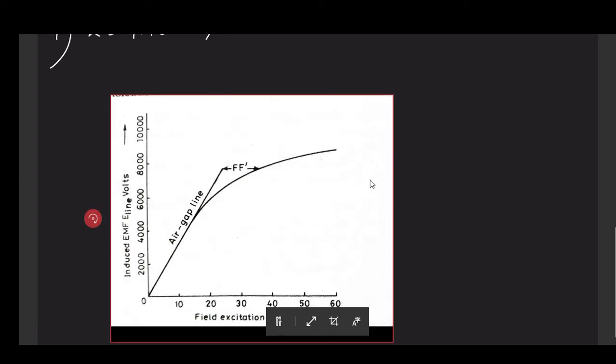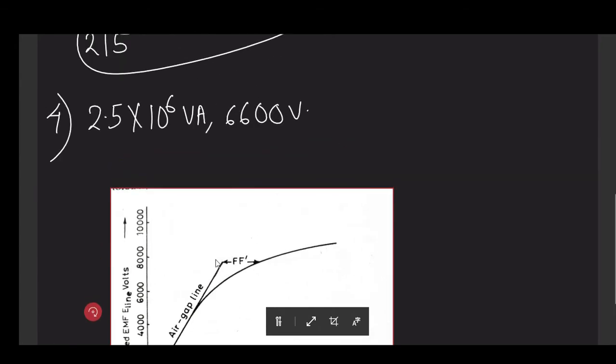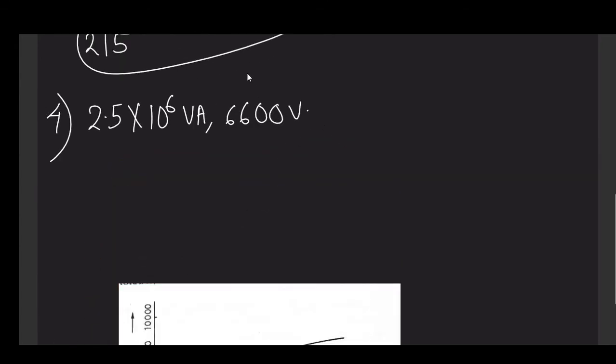So now it is 2.5 into 10 to the power 6 VA, 6600 volt, Y connected. Then full load short circuit current is obtained at a field current IF of 30 ampere.